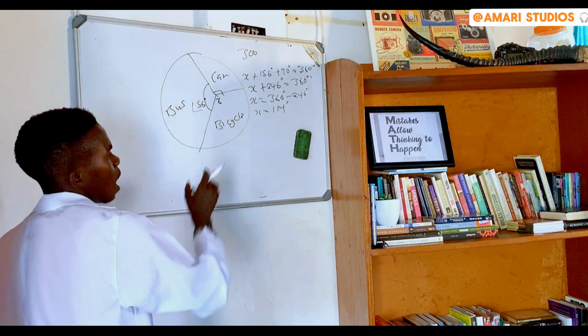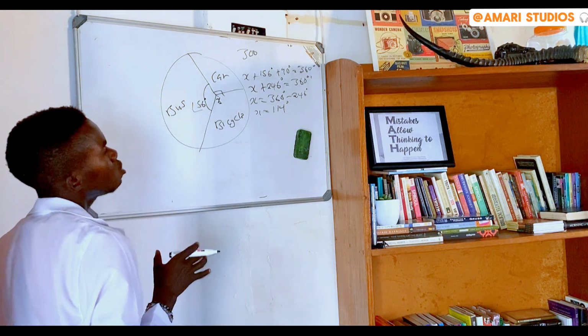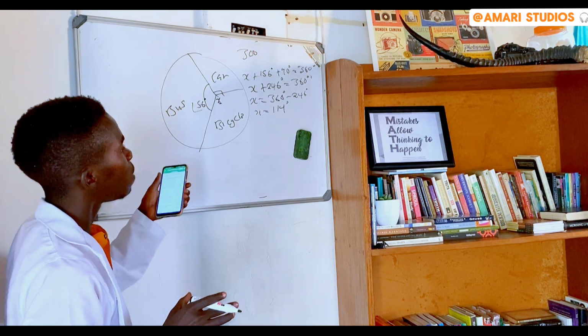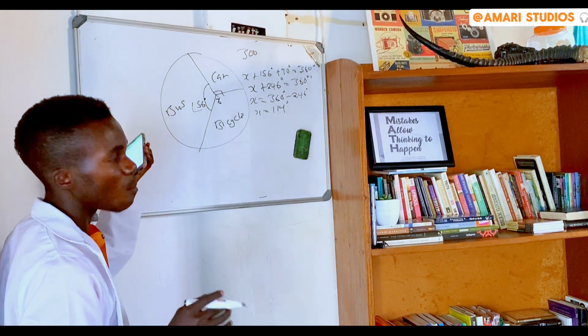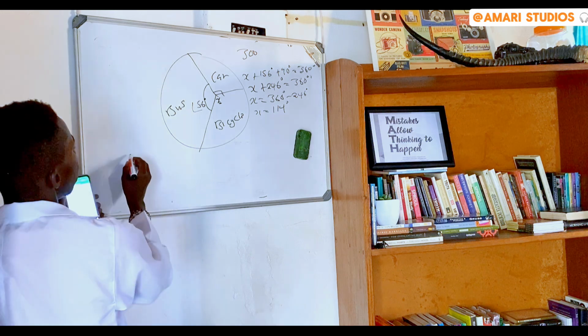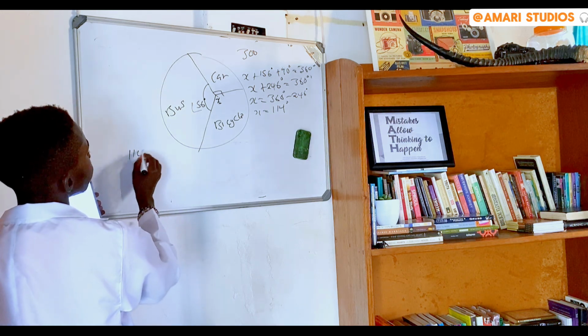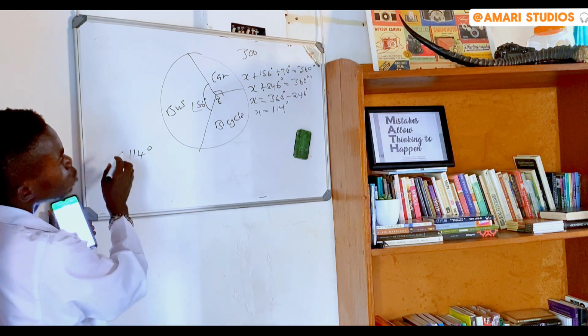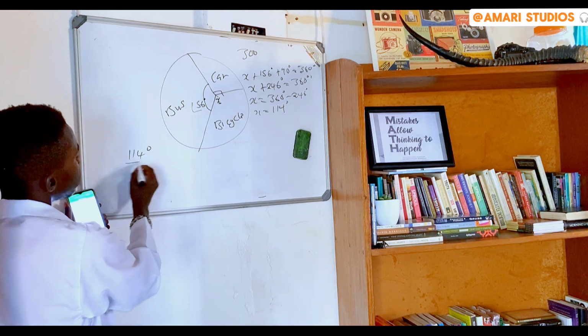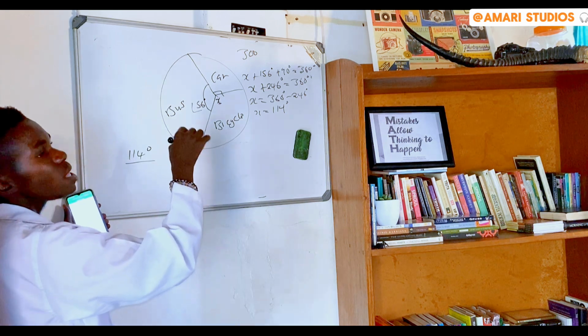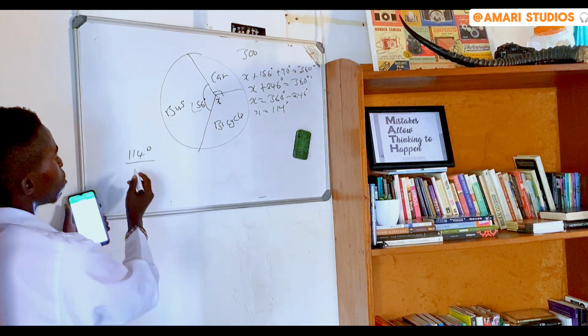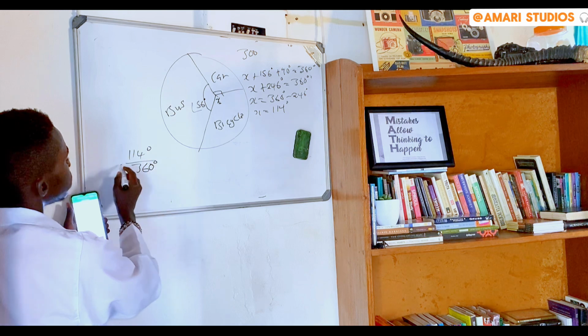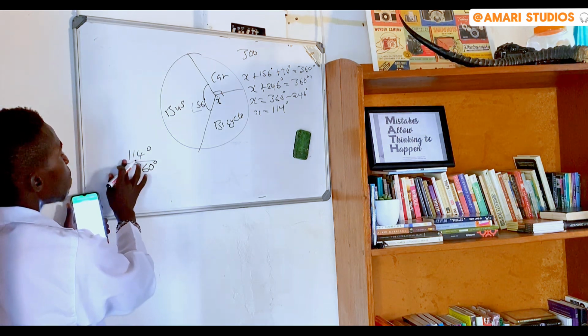So now, having that value, we are going to use it to find the number of learners who were using a bicycle. So we'll say 114 degrees, I hope you're seeing here, divided by the total revolution of angles, which is 360. Remember, we want to find the number of learners.